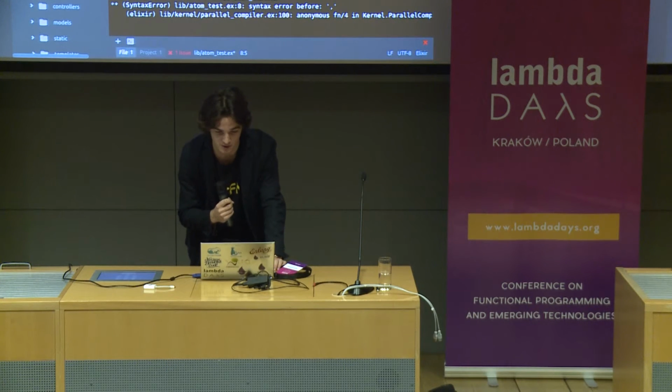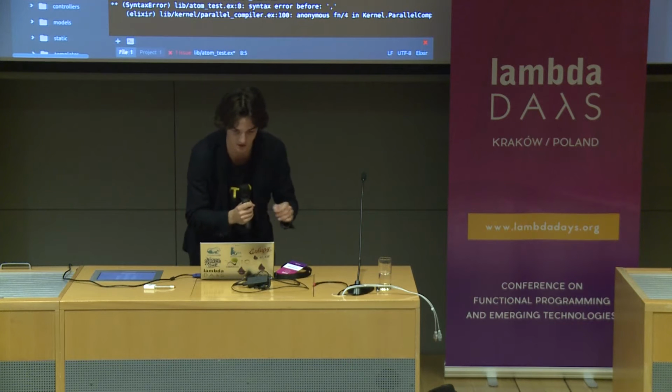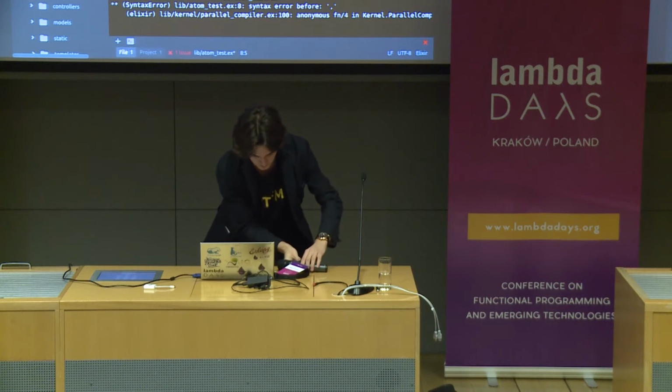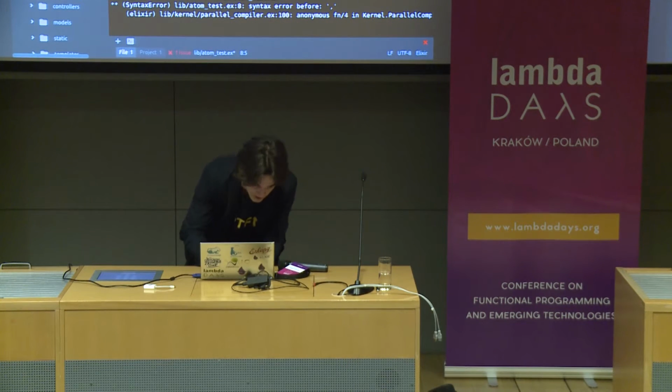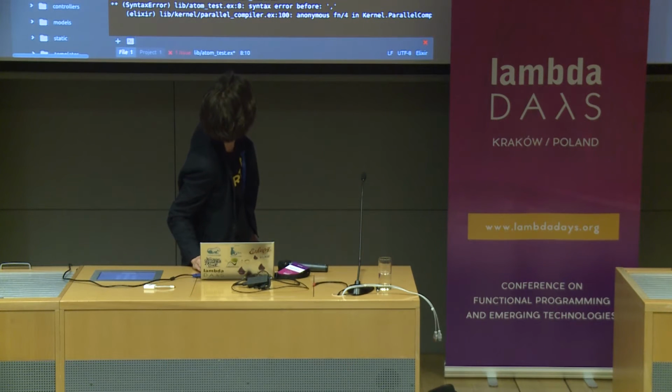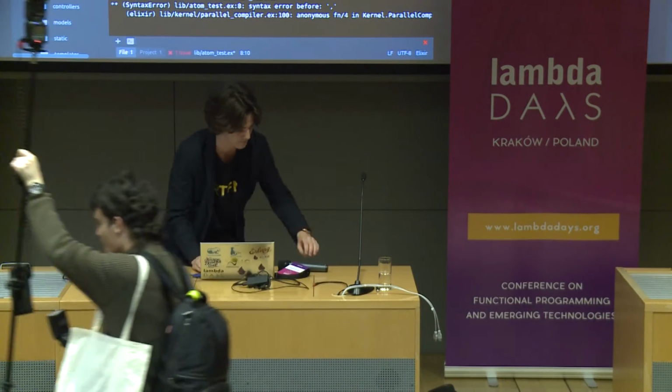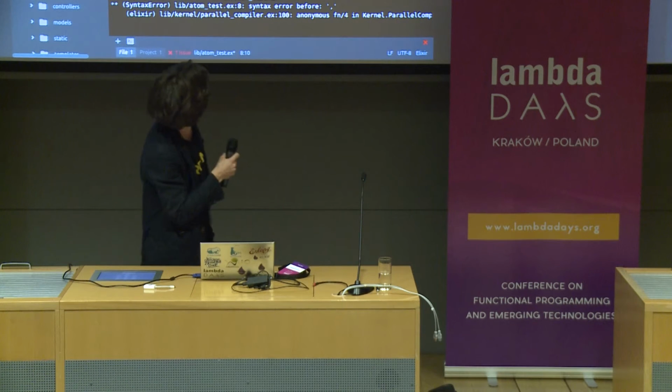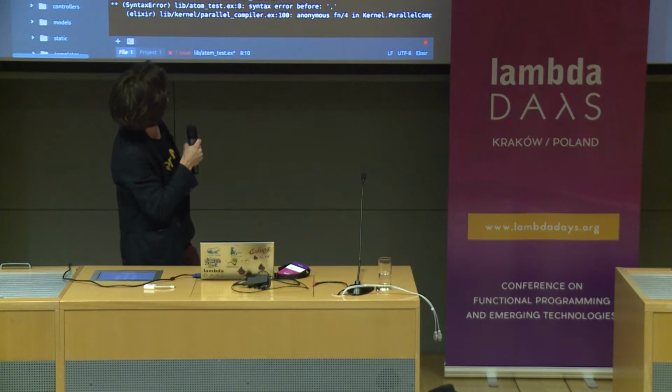So I would want to show you what can you do with my plugin right now in Atom. Right now you've got intelligent autocompletion of all modules. Is it all right in here? You can see the functions of each module. You can see the arity of functions. You can see returned types of all the functions.